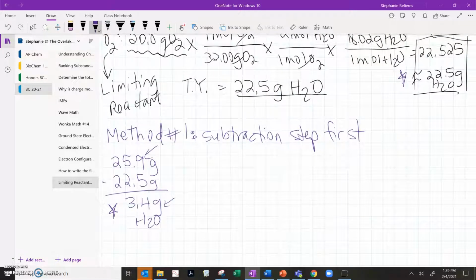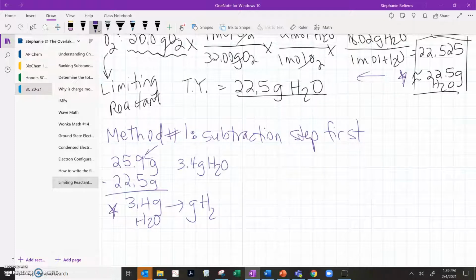So now I'm going to do a gram to gram conversion just backwards, right? I'm going to now convert this number back to grams of hydrogen. So I'm going to start with 3.4 grams of water, and I'm going to do basically these steps in reverse, okay?